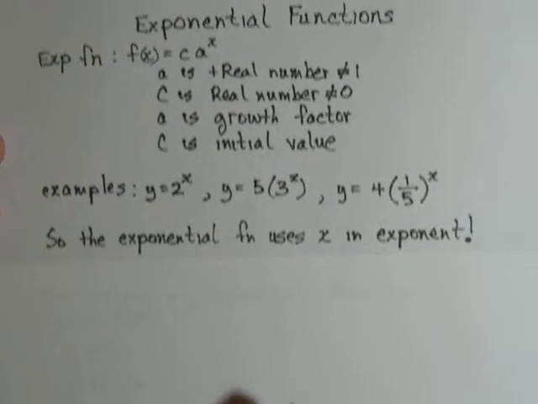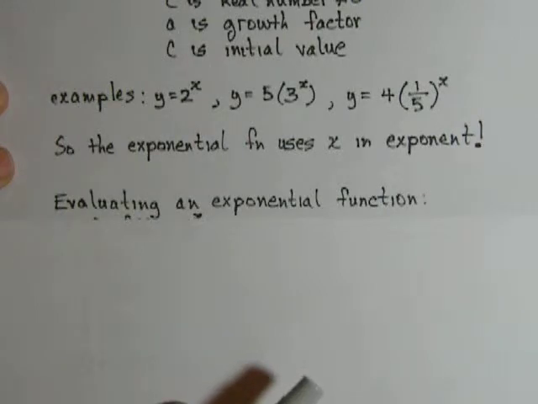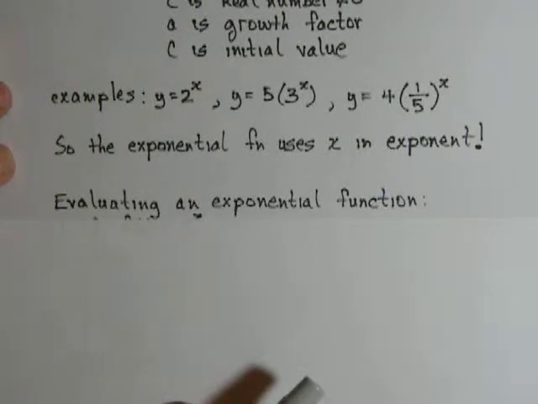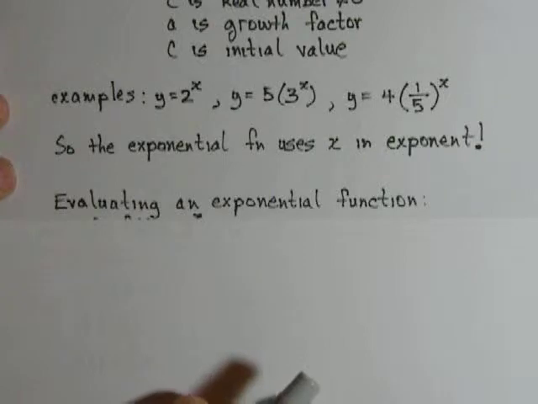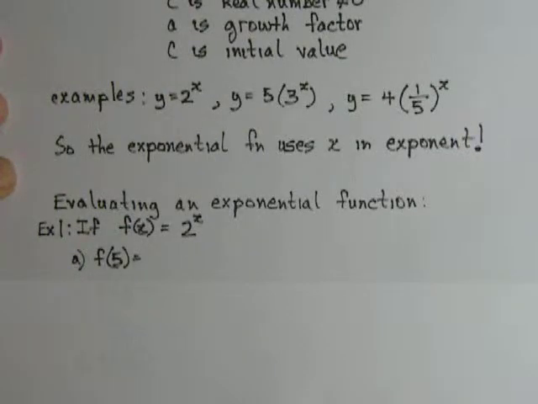Now, to evaluate an exponential function, we can evaluate them by hand, or sometimes we have to use a graphing calculator, or a calculator anyway. But we will evaluate them by hand if at all possible. For instance, if f of x equals 2 to the x power, how do you find f of 5?